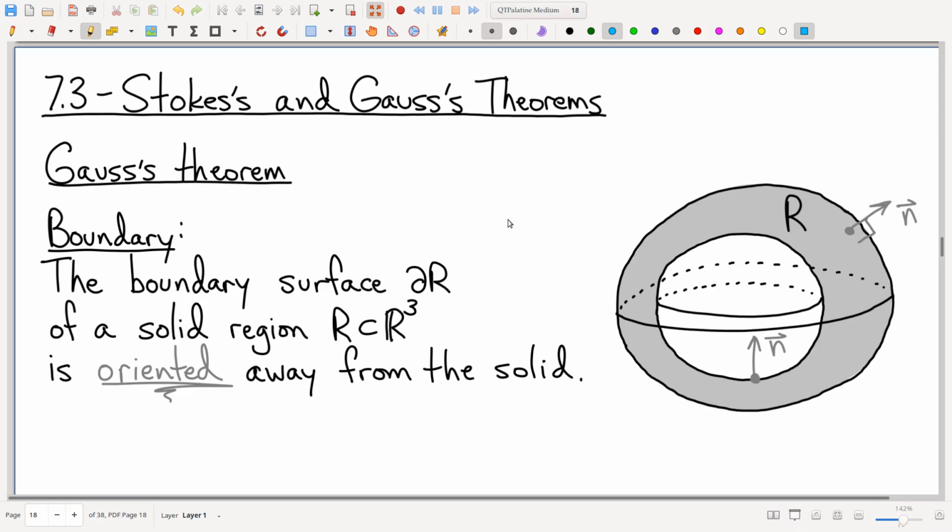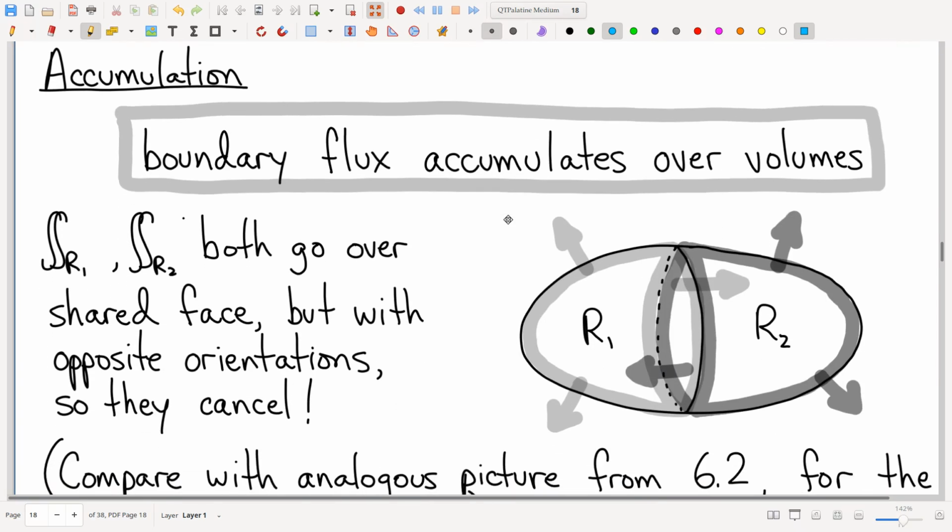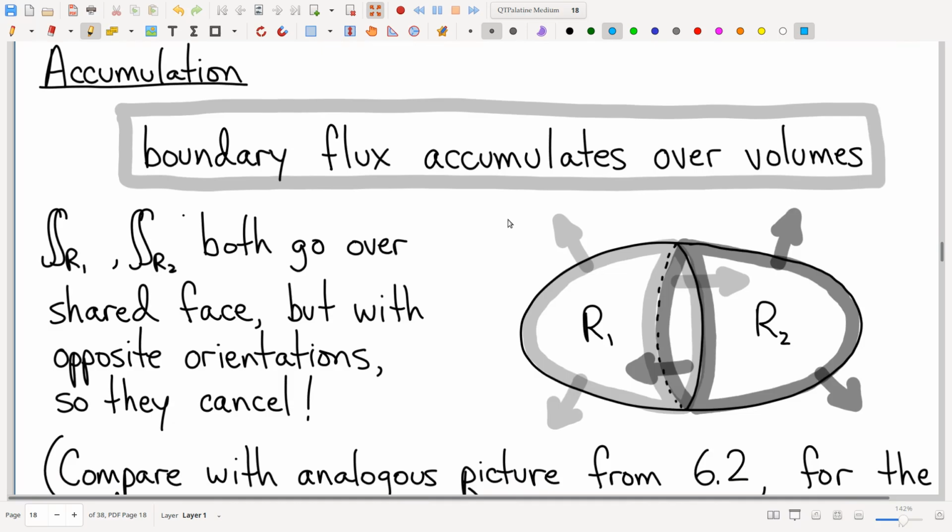So with this convention in mind, I'm going to now tell you a new accumulating quantity. And the new accumulating quantity is boundary flux. Boundary flux accumulates. Now let's make sure that this is right. Let's be careful about this. Specifically, you'll notice I say here accumulates over volumes.